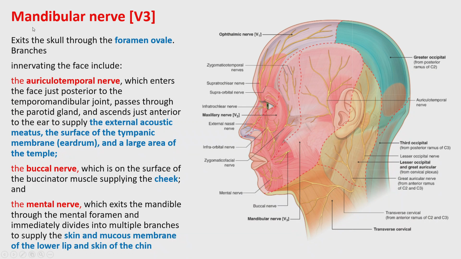And finally, the mandibular nerve is a little bit different from the other branches of the trigeminal nerve, because it not only has a sensitive branch for the innervation of this large area, but also has a motor function for the innervation of the masticatory muscles and some other muscles that we mentioned, like the anterior belly of the digastric muscle and the mylohyoid muscle, which are suprahyoid muscles.